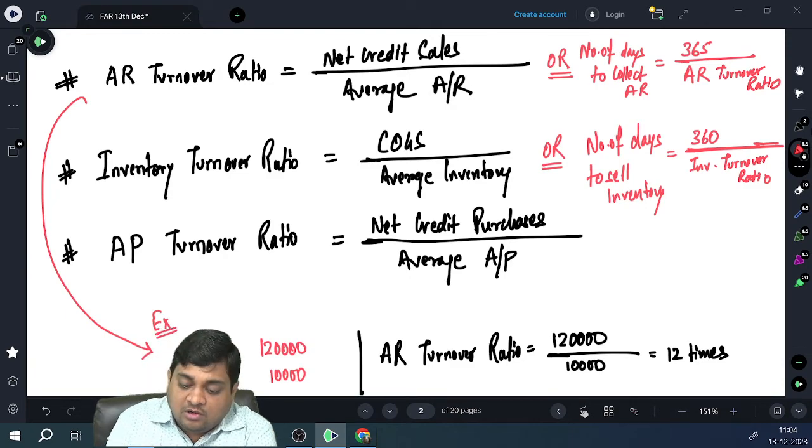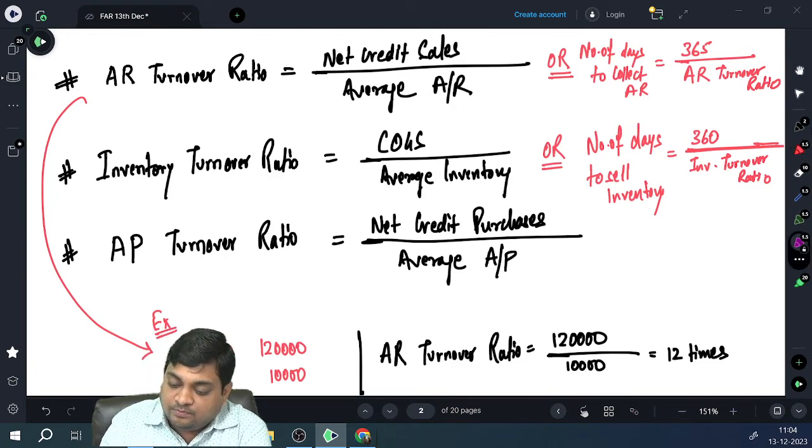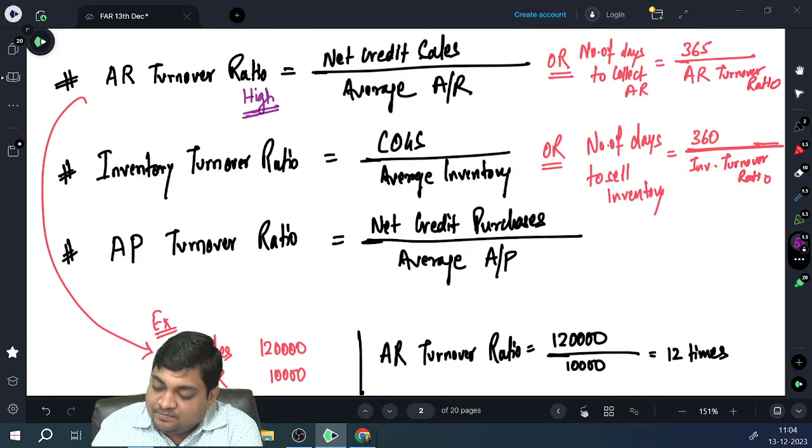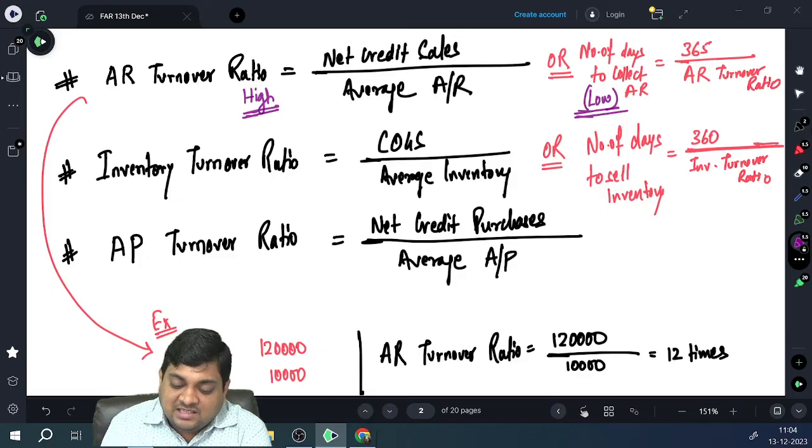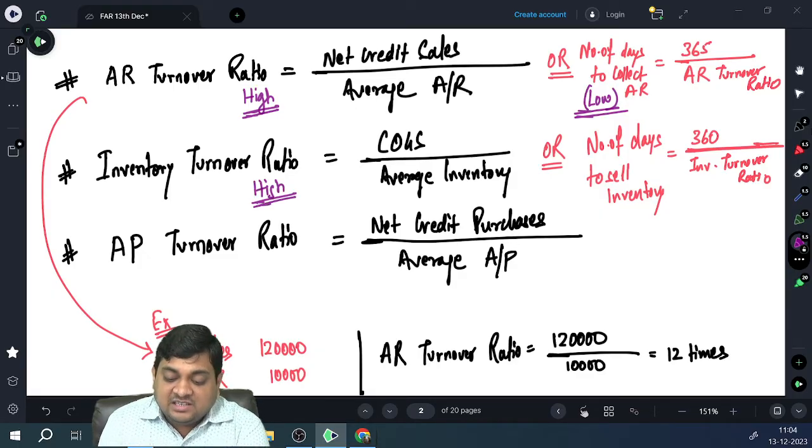So if I talk about turnover ratio, it has to be high. But when I talk about in terms of days, it has to be low because you're collecting early. Same is the case with inventory: turnover should be high, it means it is fast moving.